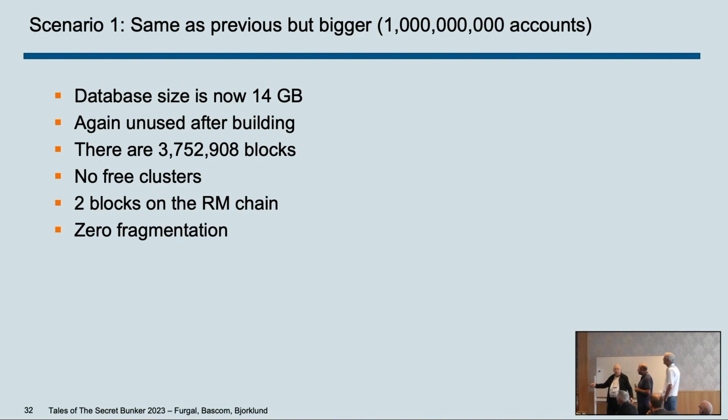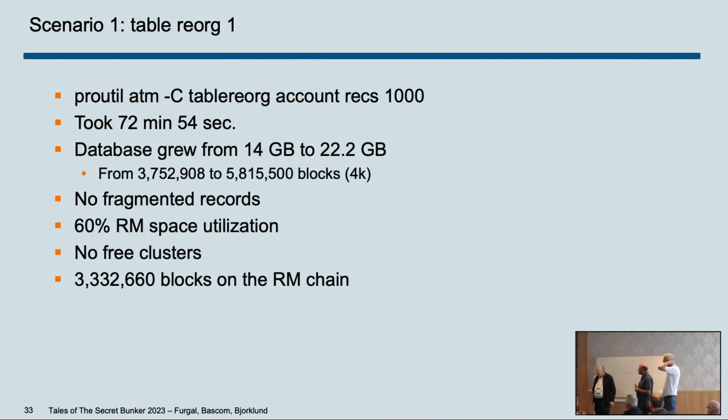So now we get a 14 gig database, and we do the same thing. The only difference is the database is bigger. So this time, it takes a bit longer, 72 seconds instead of 7 seconds. 72 minutes. Yeah, 72 minutes, right. Which is quite a bit longer.